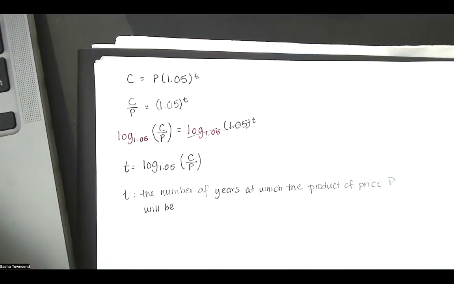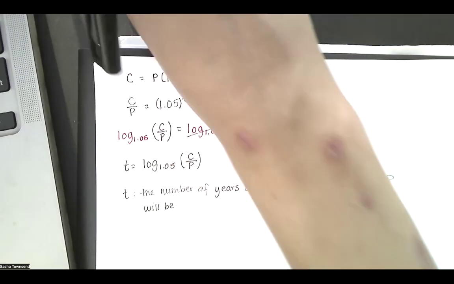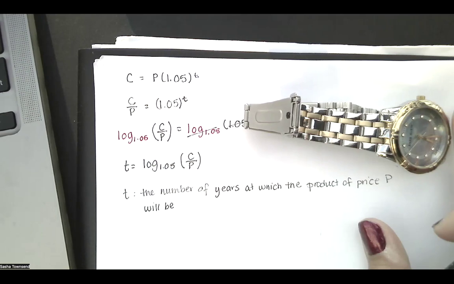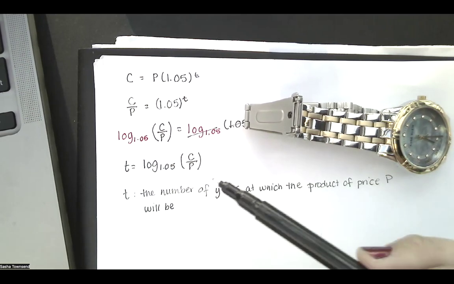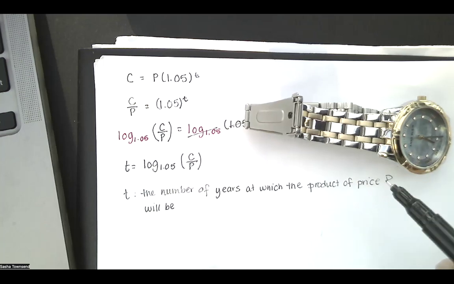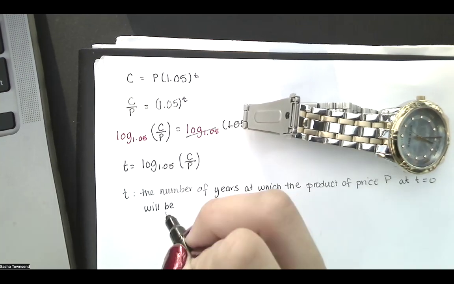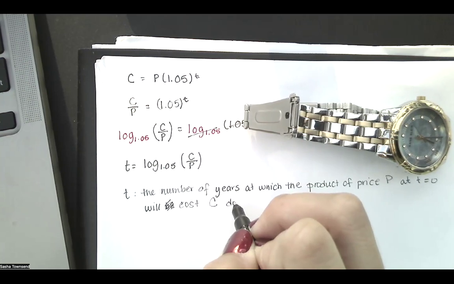Okay, so I actually peeked at my own answer from last time. Sorry, my paper is starting to fly away, so I had to put my watch over here. It says t is the number of years at which the product of price P, let's say at time t equals 0, will cost C dollars.